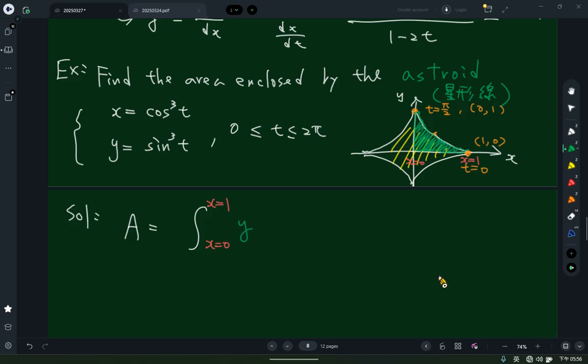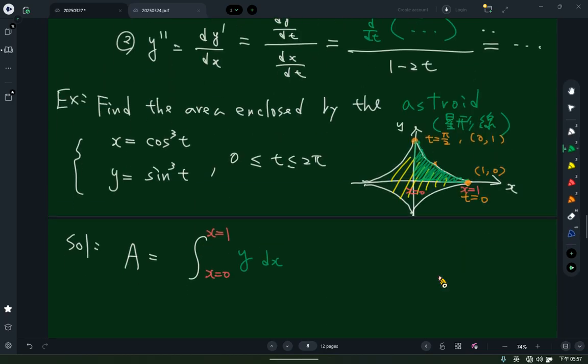We can just use the function y as the height times dx, right? Y times dx. Then we can get this part as this one. Then times 4.